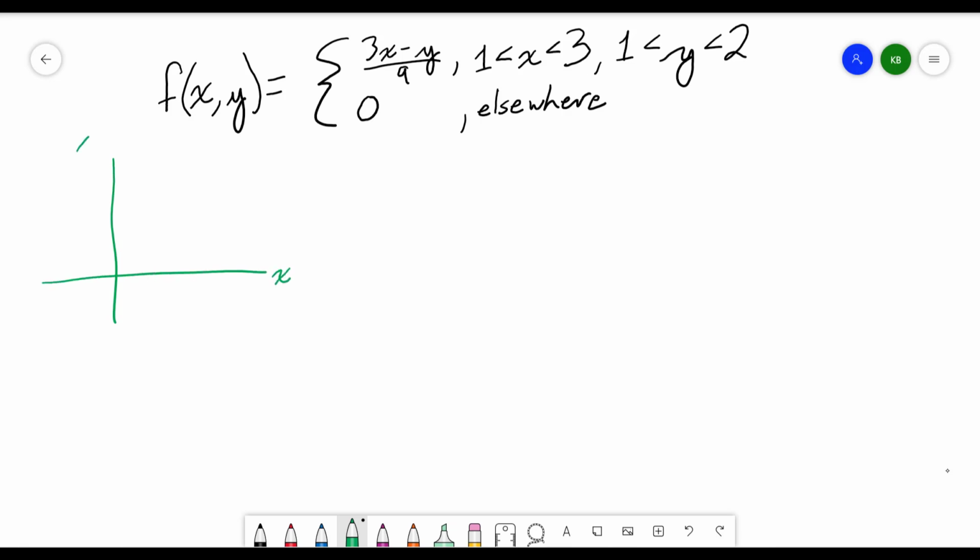So I'll have my x and y axis, and I'll have x as 1 up to 3, and I have y as 1 to 2, and we are strictly less than and strictly greater than. And so this is the area that I'm interested in, inside of this box with all of the edges not actually existing.